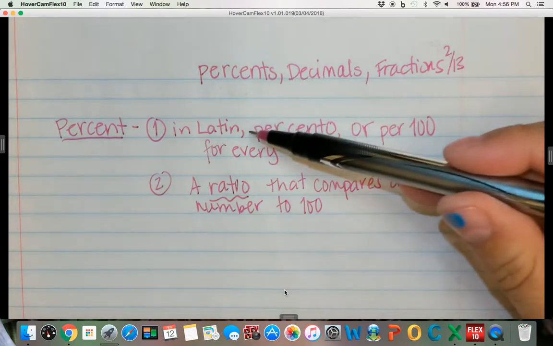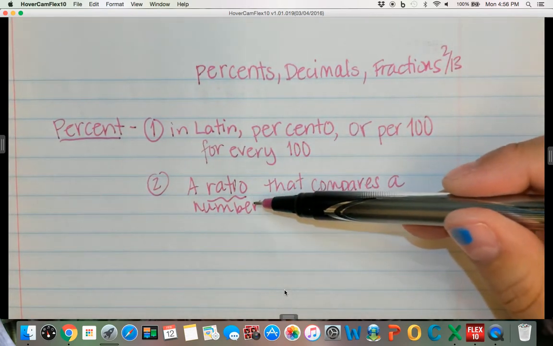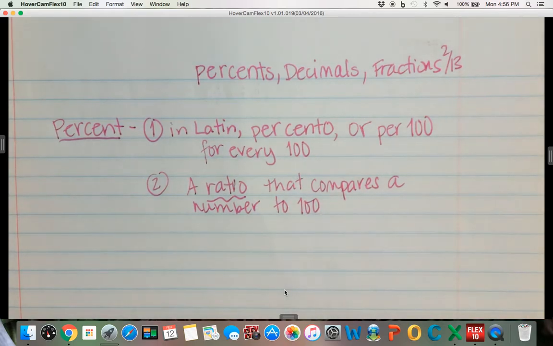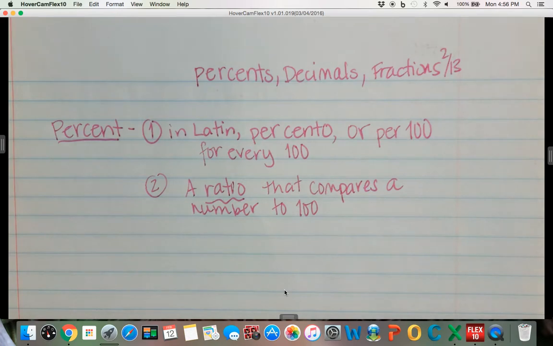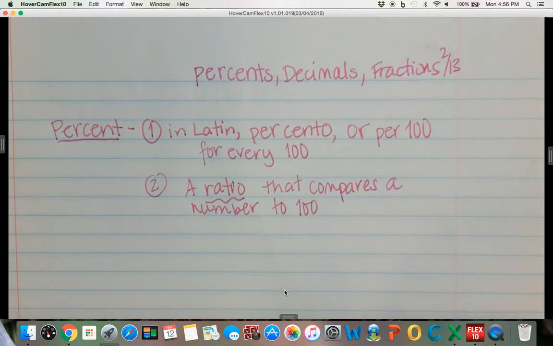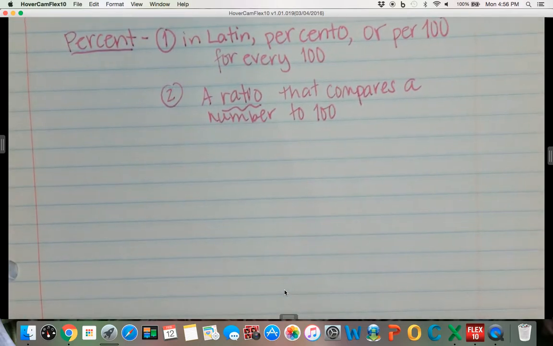One just is fancy and says percento, and the other is fancy and uses ratio. All right. In order to change fractions to decimals to percents, we've done these types of problems already.